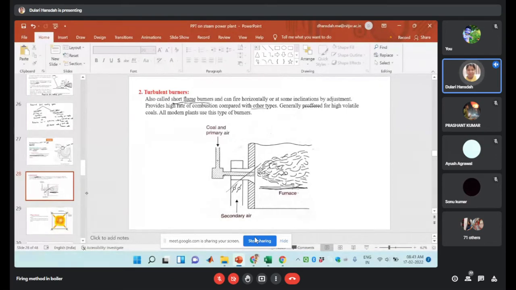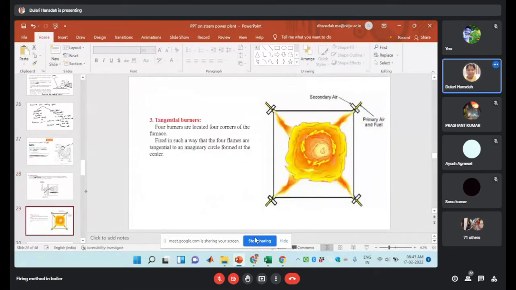These are the ones I'm discussing for solid fuel. Then there is the tangential burner. As the name suggests, the burners are placed tangentially to the furnace. Suppose the furnace is in square form, and the burners are placed tangentially at the different corners. Four burners are located at the four corners of the furnace, fired in such a way that the four flames are tangential to an imaginary circle formed at the center.